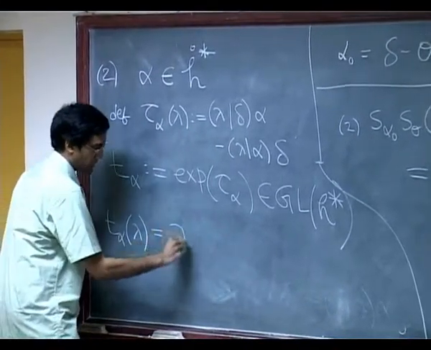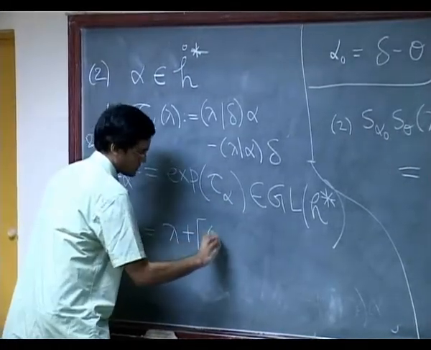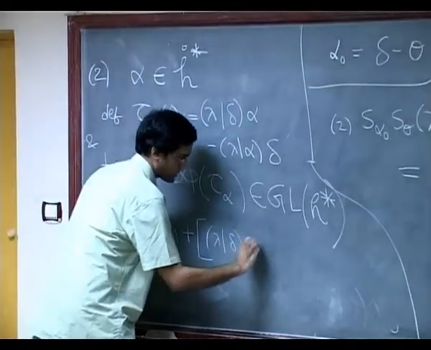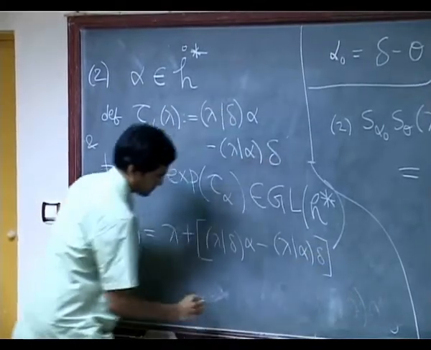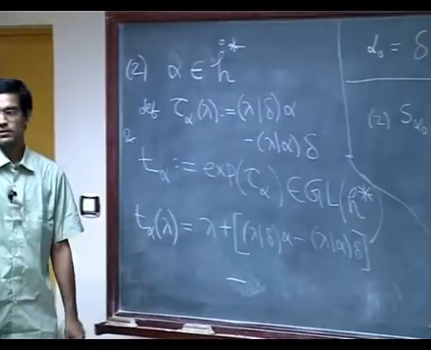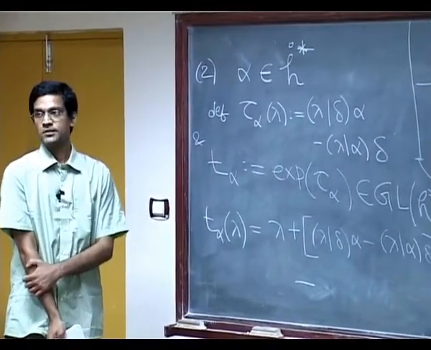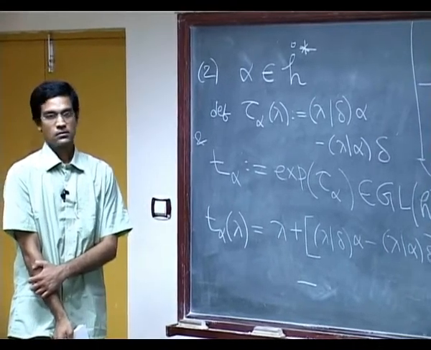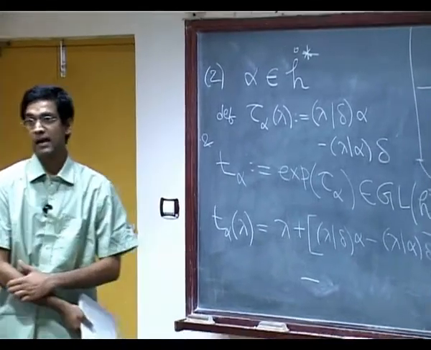Because the first term is identity plus second term is just tau alpha, so it looks like lambda delta alpha minus lambda alpha delta. But what's the second term going to be? So when you exponentiate this, it's going to be slightly different. I mean, we have the calculation there, we just need to plug alpha in place of theta.